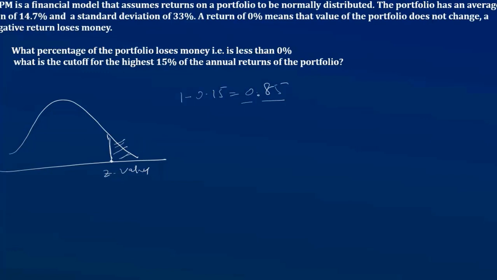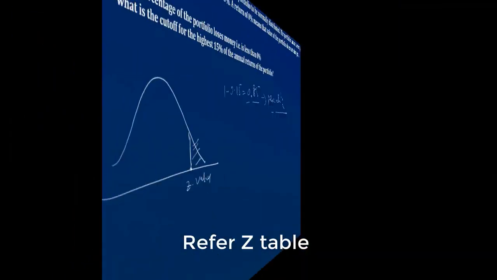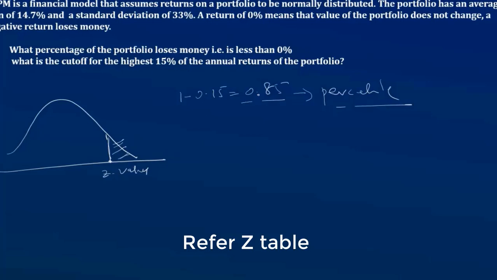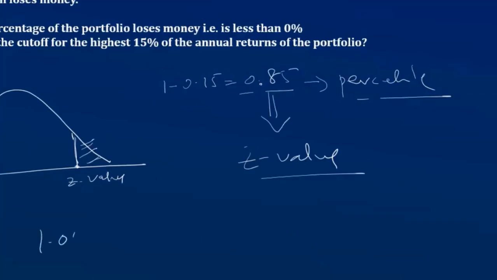So to see the top 15%, you could also equate it to 0.85. I want the Z value for which the percentile is 0.85, which is 85%. I'll go and refer to the table. The Z value for 0.85 is 1.04.